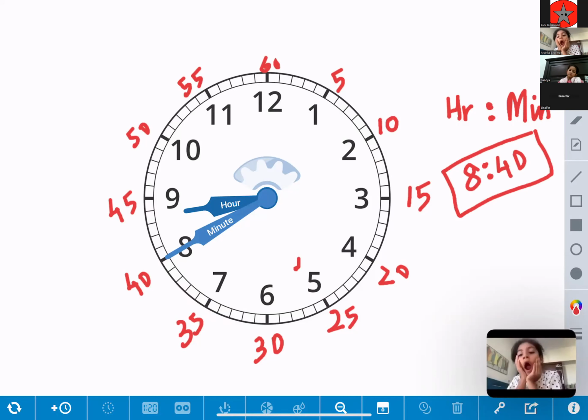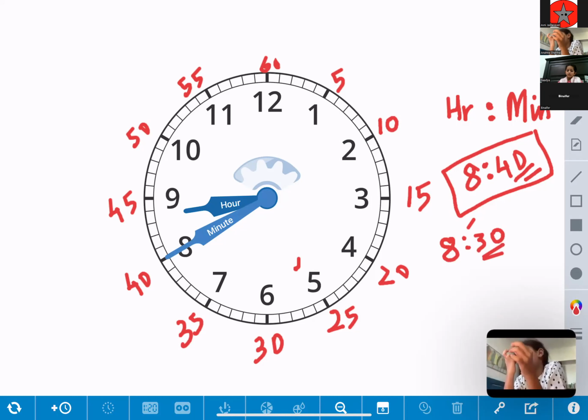Can you try? Someone here, can you try the time in analog? If it was 8:30, we said half past 8, correct? But for 40, we don't know any notation. So we are going to say 40 minutes past 8.